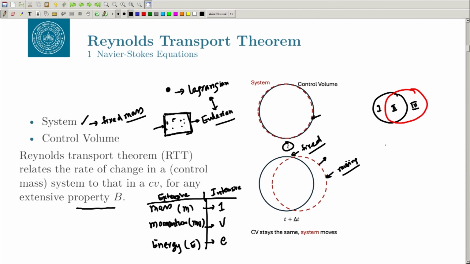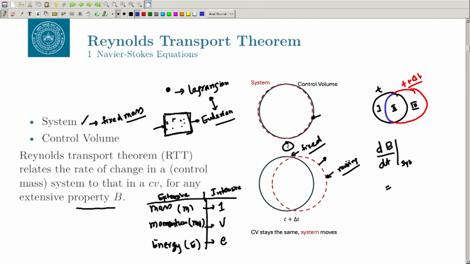Then take any extensive property, let us say B, and find out the rate of change of this property of the system. You will see that B at the initial time t is defined by 1 and 2, and then at t plus delta t it is defined by 2 and 3, right. So, if you want to find that out, what is your control volume in this is basically this region.